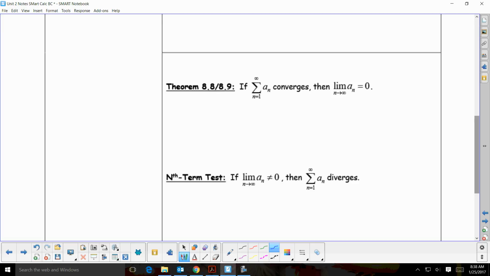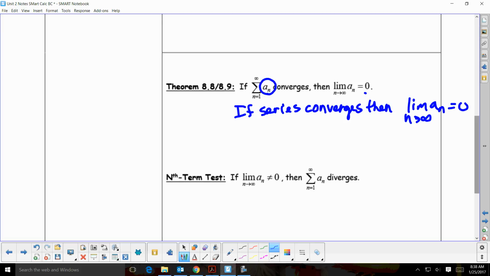So we're going to go here. If a series converges, then the limit of that sequence equals 0, is what this is saying. So if the series converges, then the limit is 0 as you go to infinity. Okay, that's great. And that can help us sometimes just to know. But this is your nth term test.